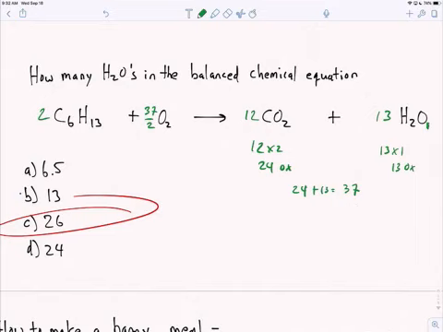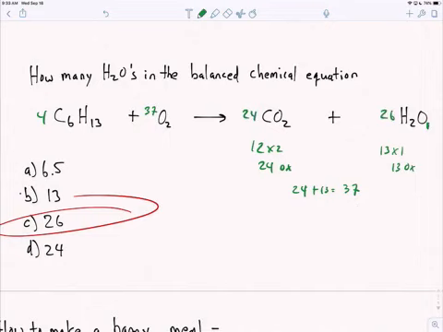The half is awkward, so let's get rid of the awkward by multiplying the whole thing by 2. And you have 4, 37, 24, 26, like that.